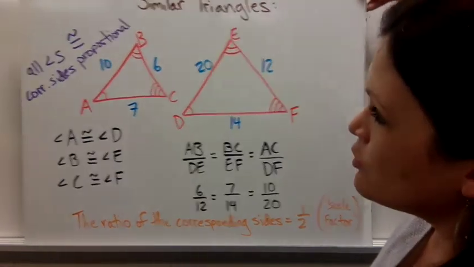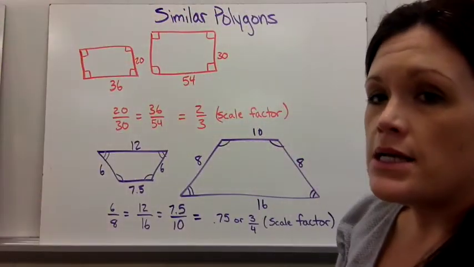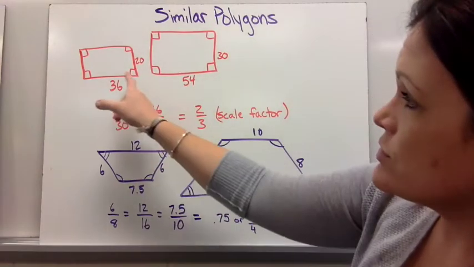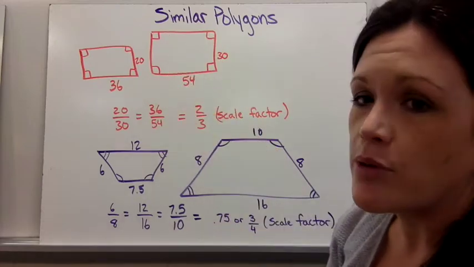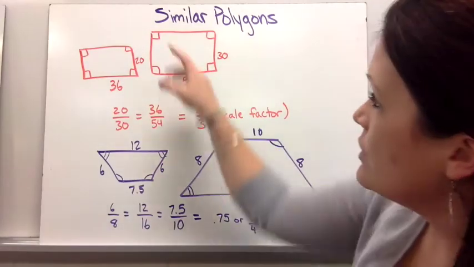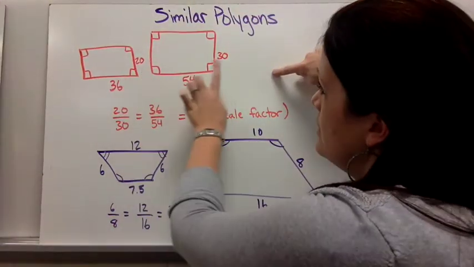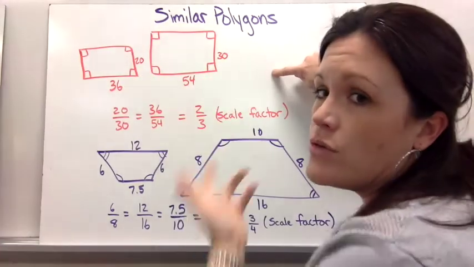So let's look at one more board just to look at some polygons that follow that same policy. If all angles are congruent, you're checking to see if the sides have the same proportion. And so for this example, I have two rectangles and I set 20 over 30. So notice they're just giving me, looks like the width of the rectangle.